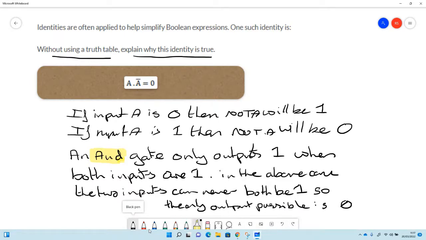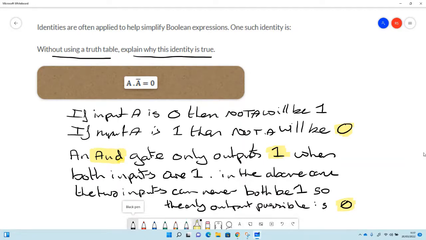And again, we've talked here about the fact that we're using 1s and 0s to show that the only possible output is 0. Now, yes, we could have talked about trues and falses, I guess, but 1 and 0 is probably the better way to do this.